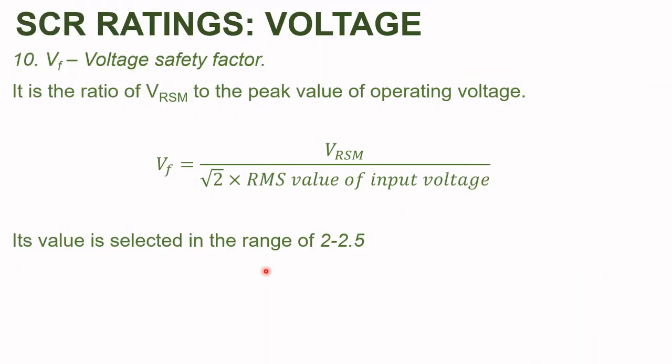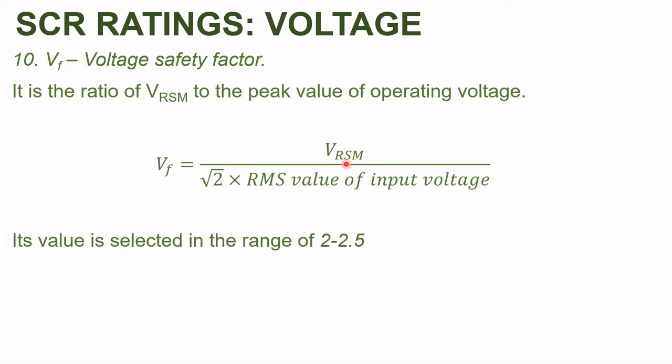VF, that is voltage safety factor. It is given as the ratio of VRSM to the peak value of operating voltage. The peak value of operating voltage is usually, if we are using the SCR for rectification purpose, then it will be √2 times the RMS value of the input voltage.